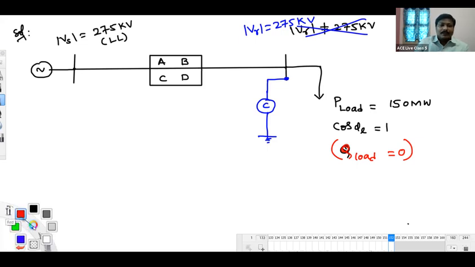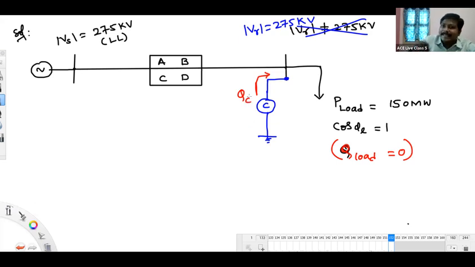Assume that, or you tell me, whether this compensator is a capacitor bank or reactor bank? We don't know that. First, let us assume that this compensator is injecting a reactive power of QC into the bus bar.